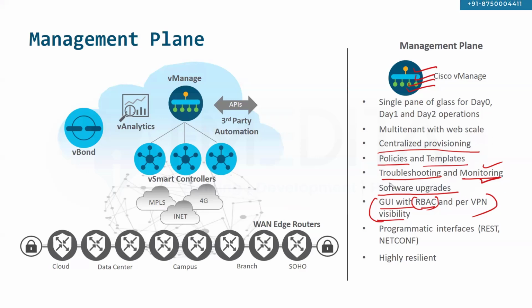And then the other group of admins should have access to modify the policies and templates, but not the security policies. So you can also do that. And then there is another group of admins to which you want to provide full access. You can always do that. So this is called role-based access control, and it is supported by the vManage.